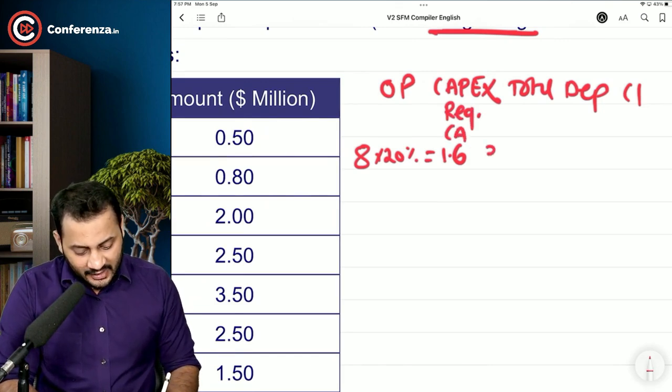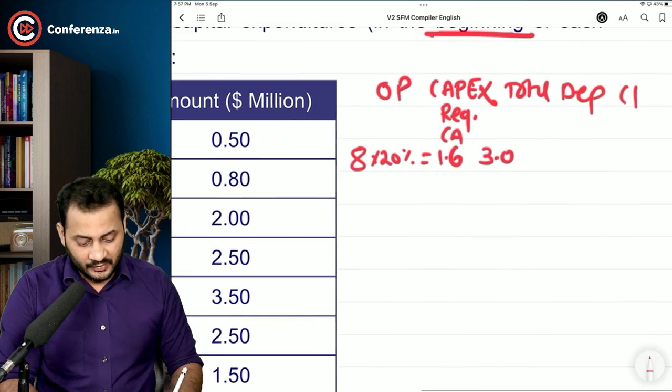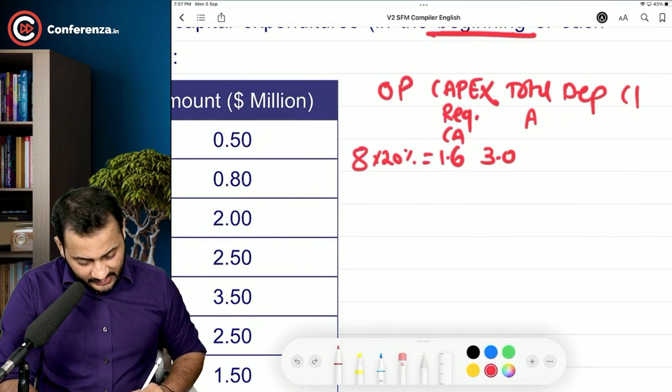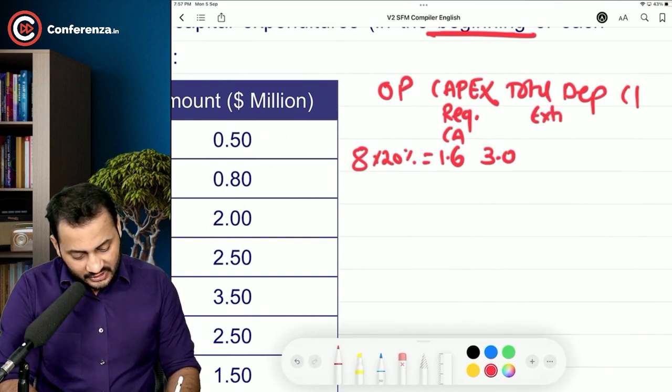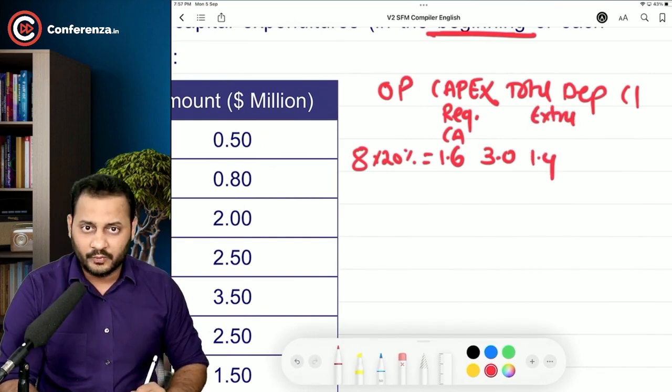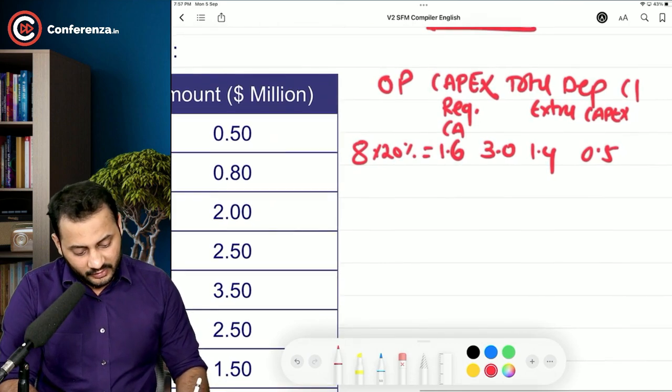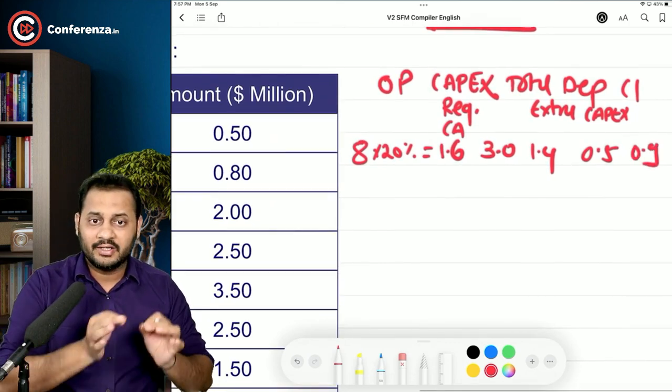But the existing balance in current asset is 3. That means we already have an extra balance of 1.4, and capex will also be funded out of it, and still we will be left with a balance of 0.9.